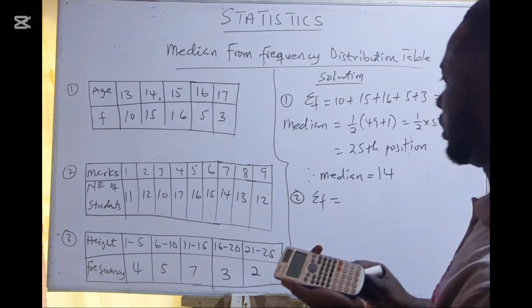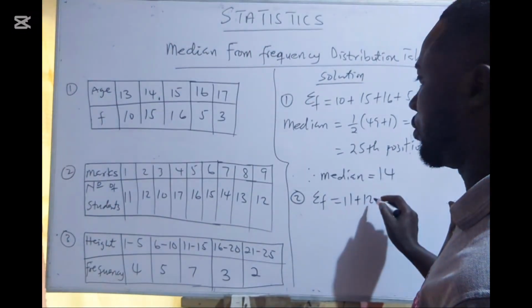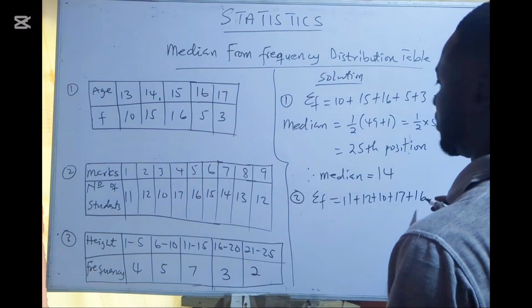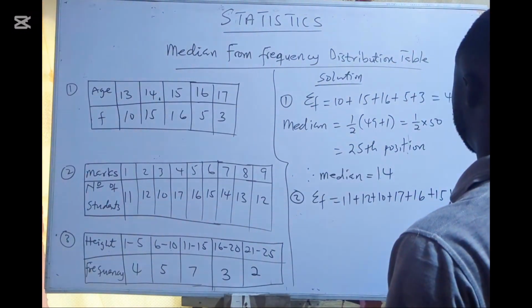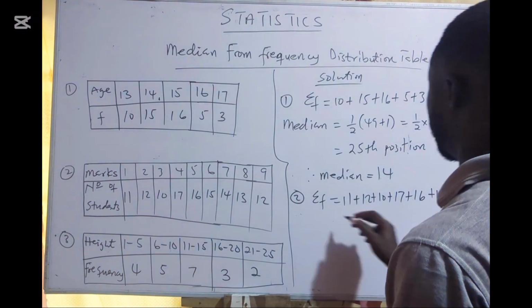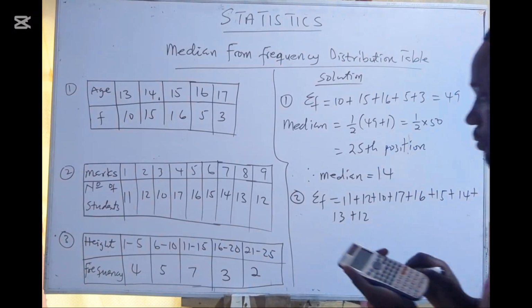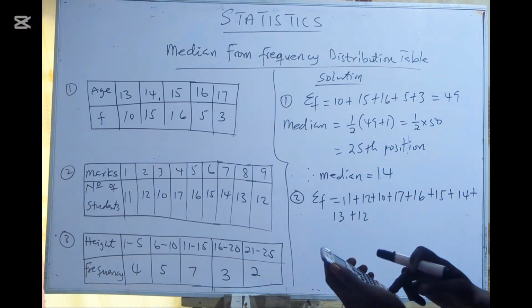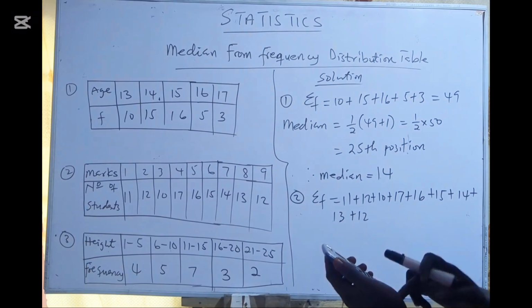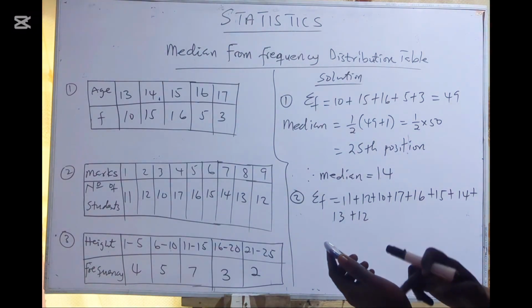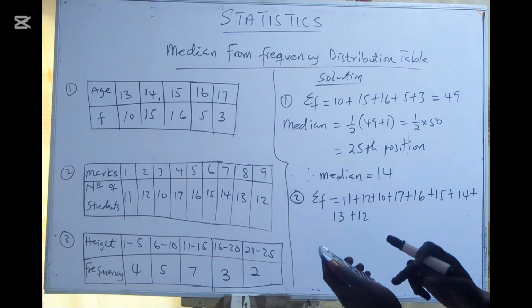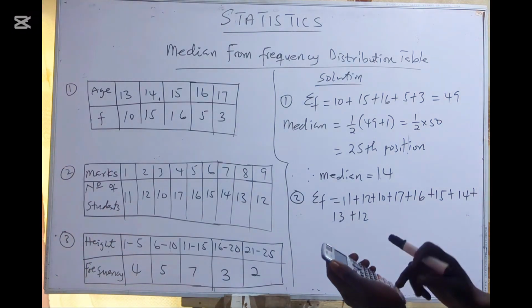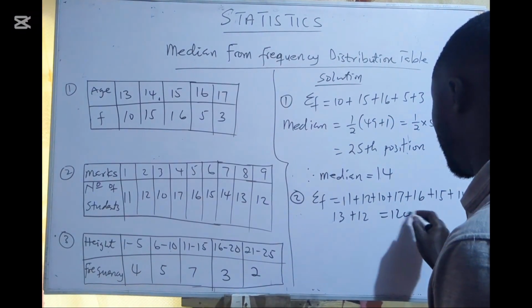That will be 11 plus 12 plus 10 plus 17 plus 16 plus 15 plus 14 plus 13 plus 12. That is giving us 120.